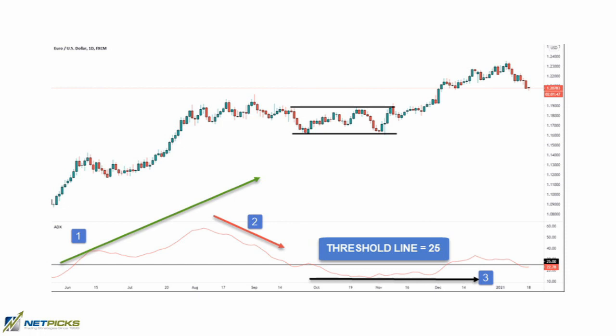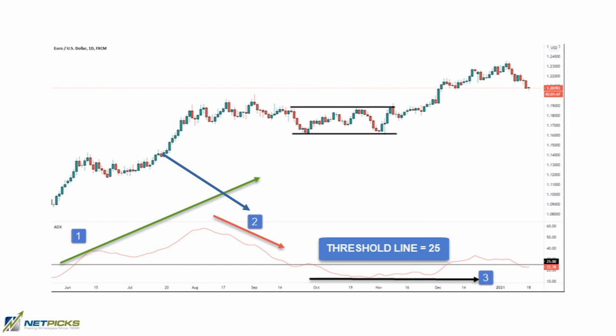Now, keep in mind that the ADX itself does not indicate the direction of the trend. It just simply tells you that the market is either trending, and if it is, whether it is strong or weak. On this chart, number one, the ADX is above 25 and it's rising, which means a trend is underway and it's getting stronger.